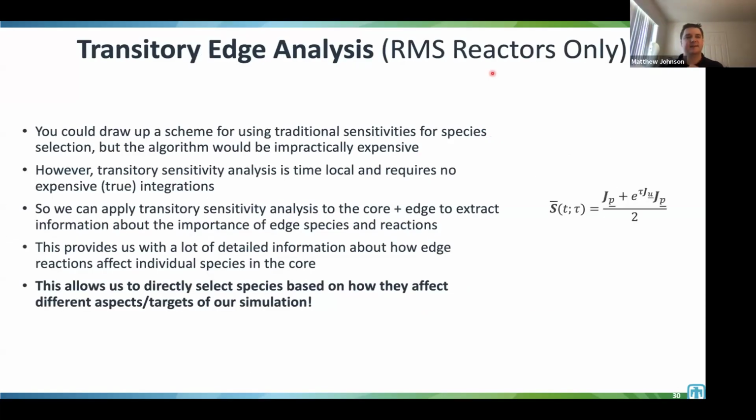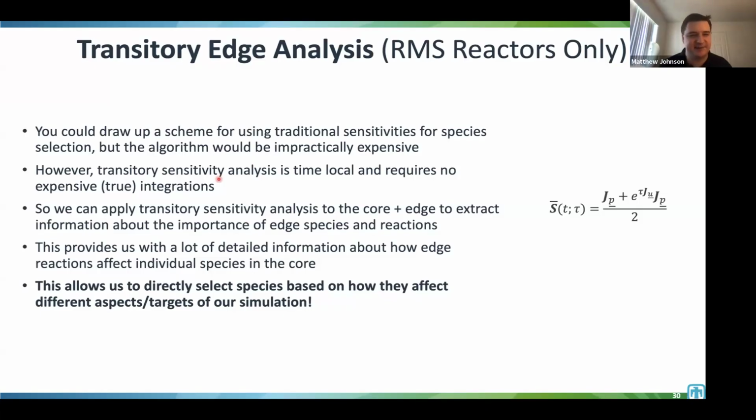So next, we're going to talk a little bit about transitory edge analysis. I've talked to you about transitory sensitivities earlier in the sensitivity lecture. You could draw up a scheme for using traditional sensitivities for species selection, but almost anything that you draw up becomes rapidly impractically expensive. Transitory sensitivity analysis, however, as we talked about before, is time local.